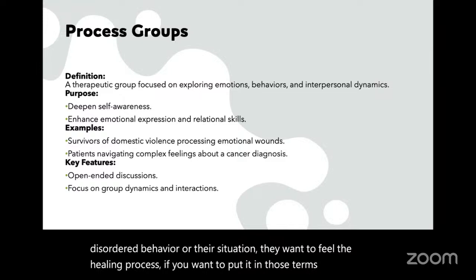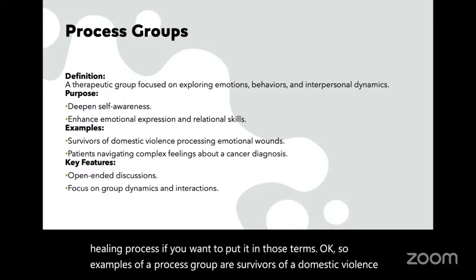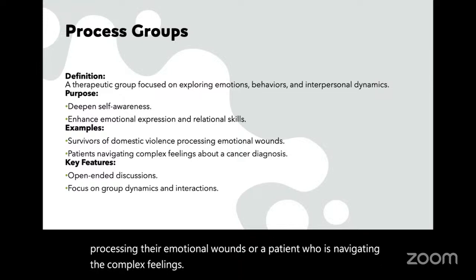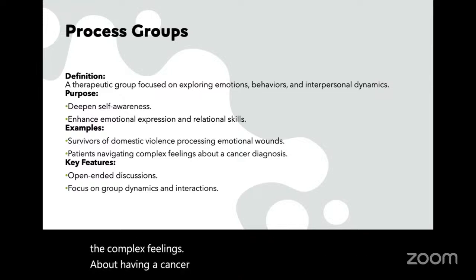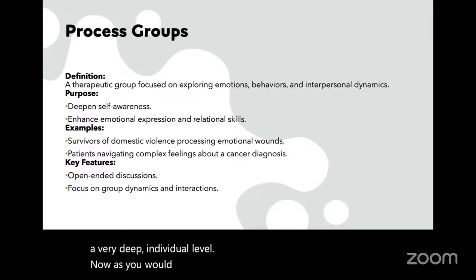So examples of a process group are survivors of a domestic violence processing their emotional wounds, or a patient who's navigating the complex feelings about having a cancer diagnosis and what that means for them on a very deep individual level.